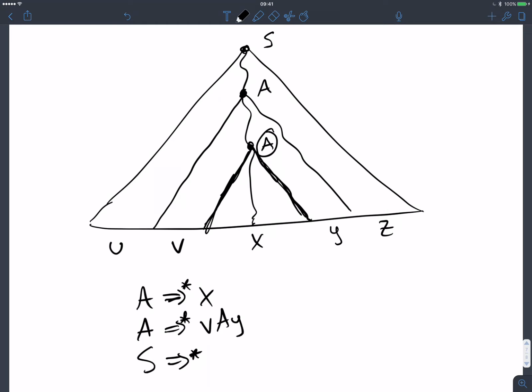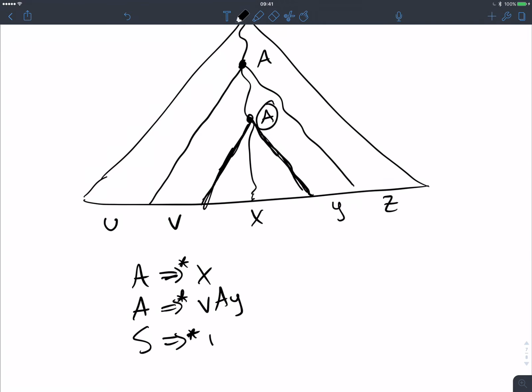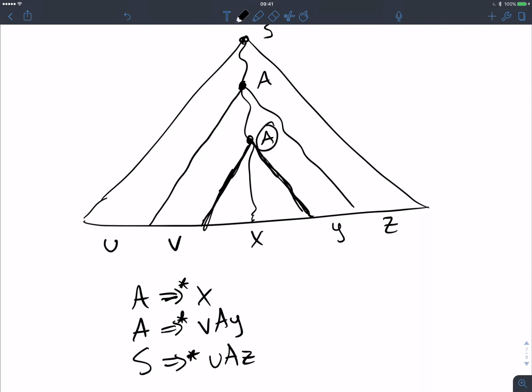Well, could it make U, A, Z? Yeah, it could certainly make U, A, Z. Could it also, for instance, make, let's say, U, V, A, Y, Z? Yeah, certainly.